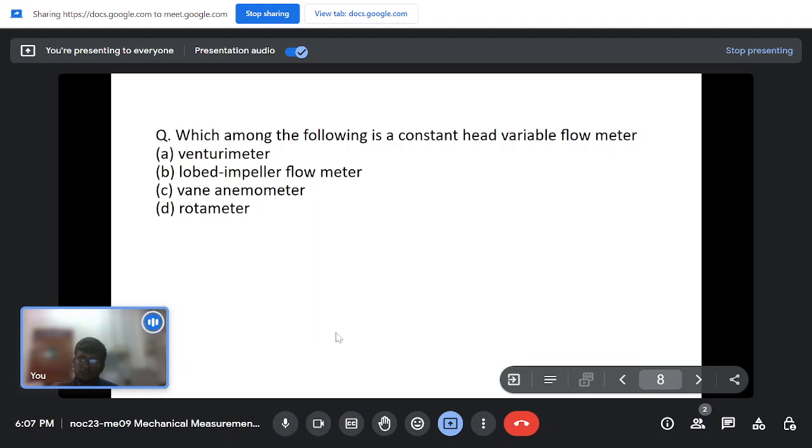So in this case, you have a constant head and a variable flow, and the answer is option D, rotameter.